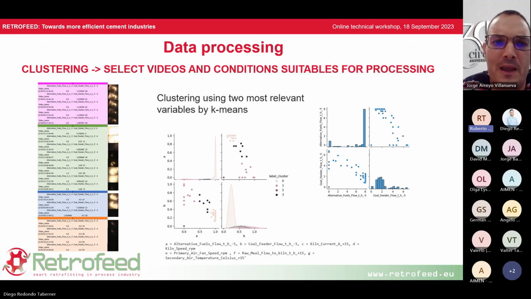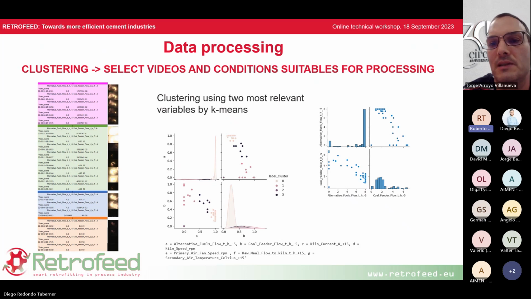We made the clustering based on some parameters of the process, but we realized that the clustering worked better using two parameters: the alternative fuels flow and the fossil fuel flow. So we separated them into some groups. You can see here, for one example, on the left.